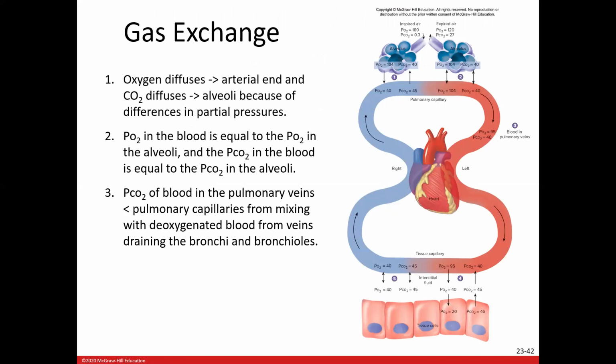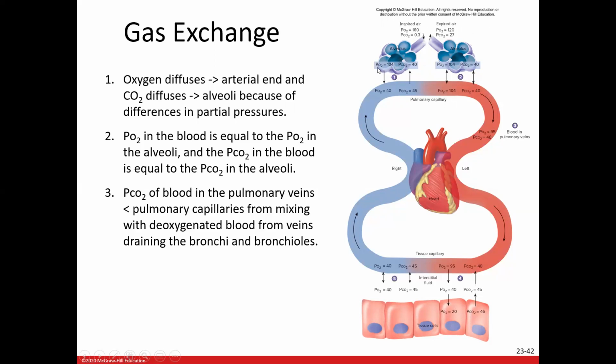Okay, so to cover the general cycle of how your oxygen and carbon dioxide ultimately go through the gas exchange process, we're going to start here at number 1. So we have our alveoli here, and then the arterial end of our pulmonary capillary. So with our oxygen, P sub O2 means partial pressure of oxygen, and P sub CO2 means partial pressure of carbon dioxide.